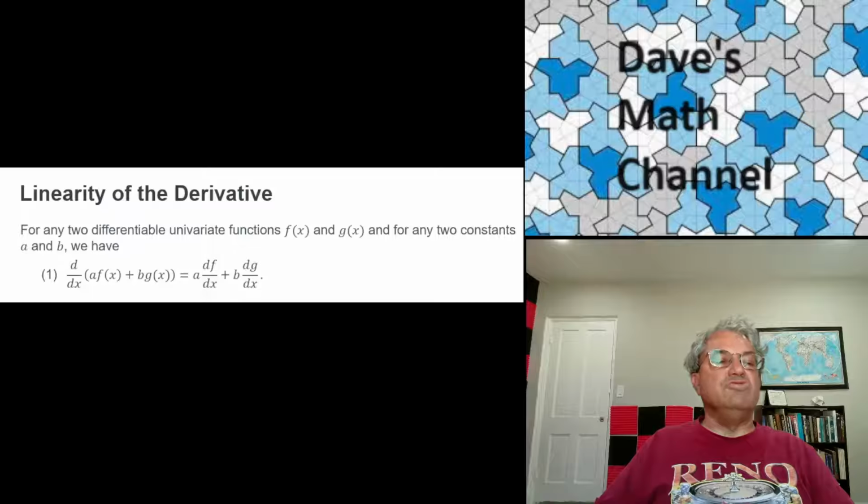That's where this name comes from. So we take the derivative of this weighted sum, and then we get what we expect.